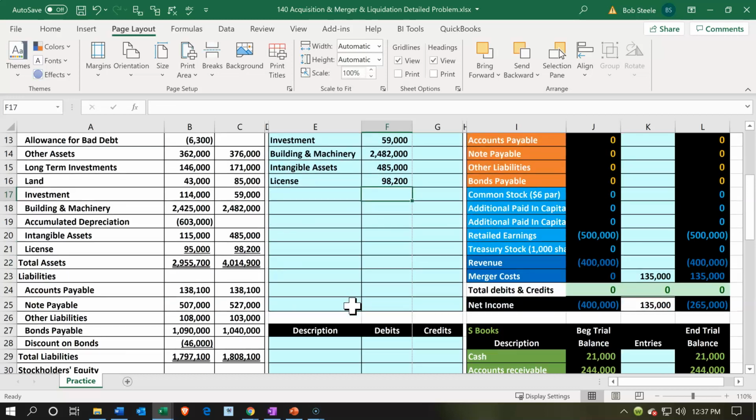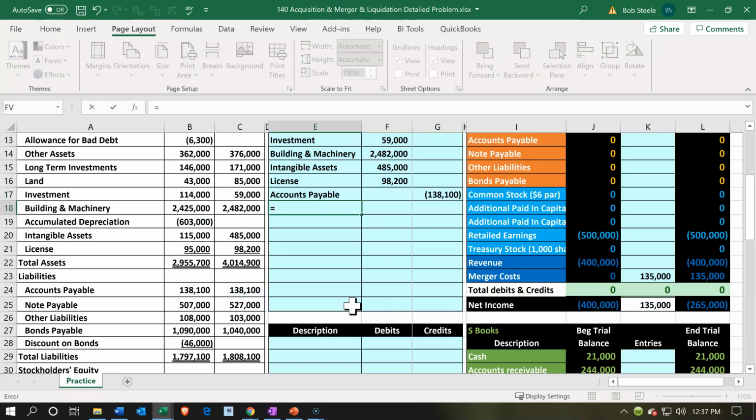All right, then let's go to the liabilities. We're picking up the liabilities. We're going to incur the liabilities as we purchase the corporation here. So I'm going to put these on the credit side. I'm going to say negative of the 138.1 for the liabilities for credit. We're going to pick up the notes payable. So notes payable, we're going to say is a credit. So I'm going to say that with a negative of that number.